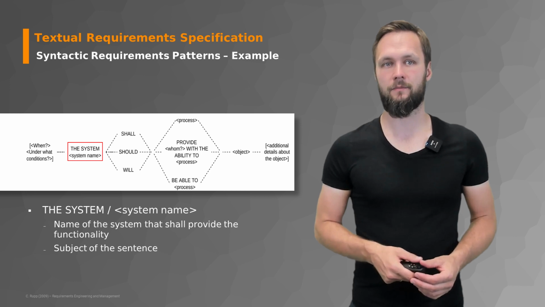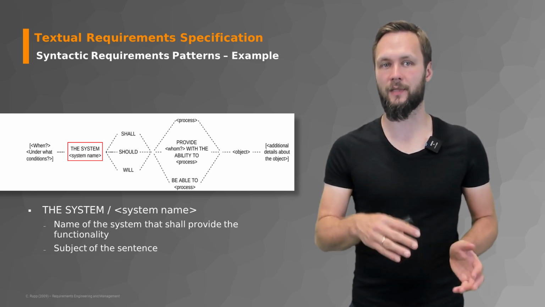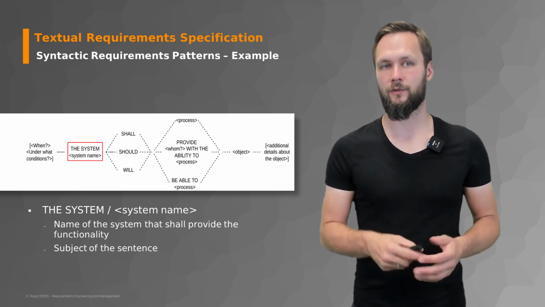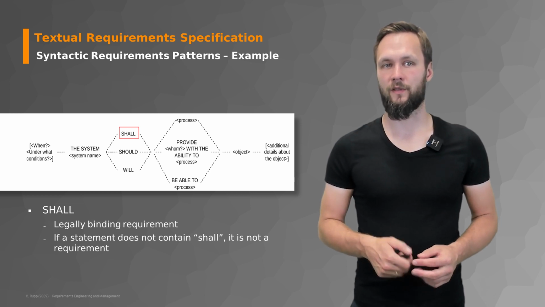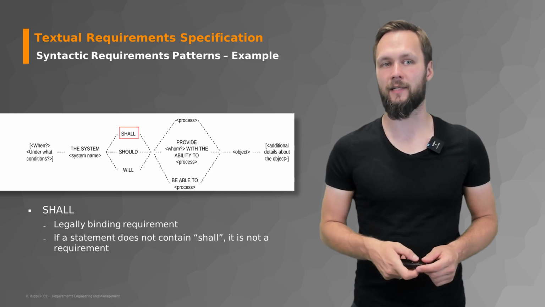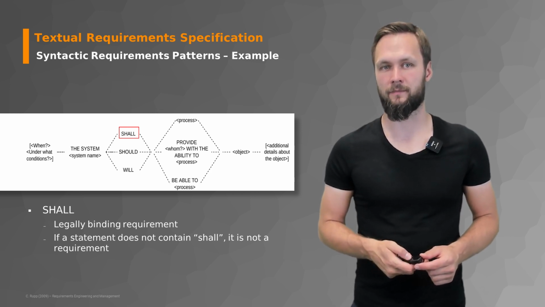Then next, we're going to talk about the system, like the system name. Name of the system that shall provide the functionality is also the subject of the sentence. And then we're going to decide whether it's going to be shall, should, or will. Shall is a legally binding requirement. If a statement does not contain a shall, it is not a requirement.